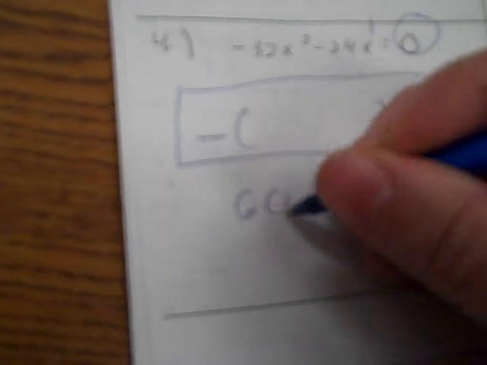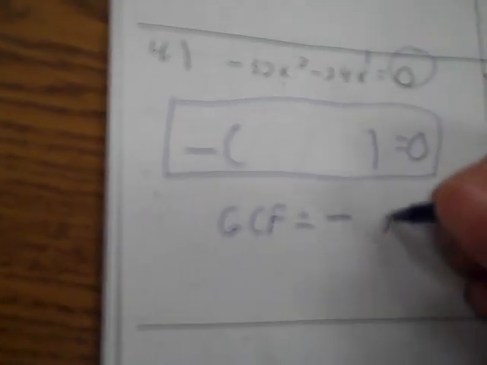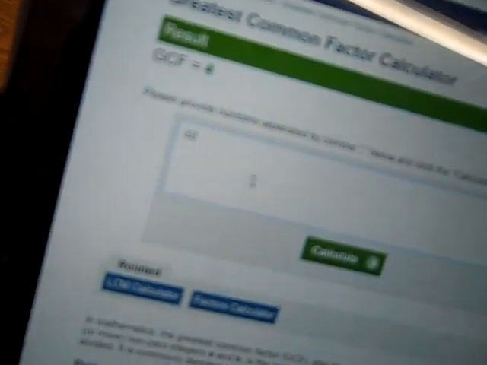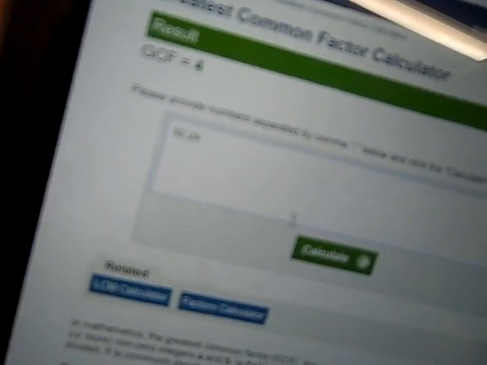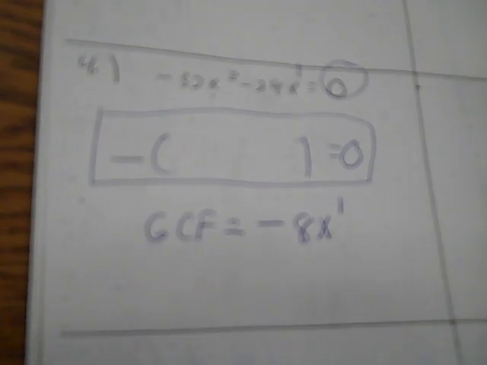First number's negative, so that makes our GCF negative. x squared, x to the 1, it'd be x to the 1. 32 and 24. My GCF is 8. So negative 8x to the 1 goes out.